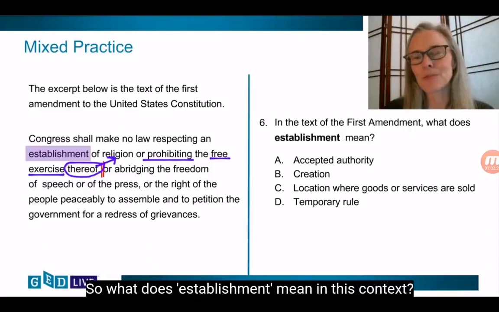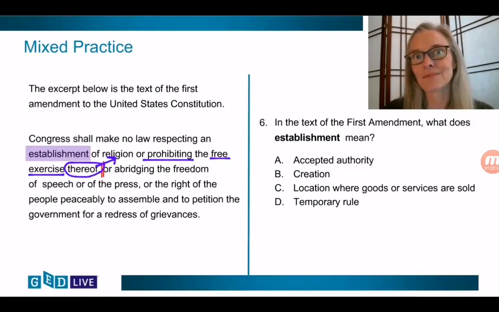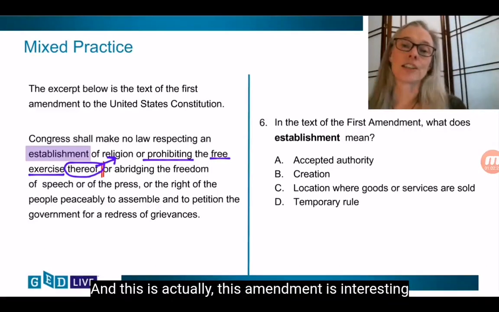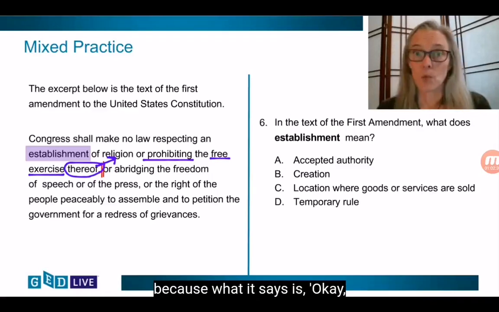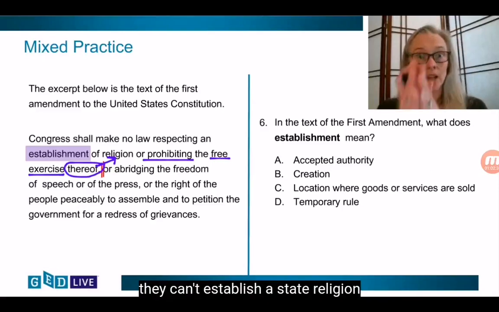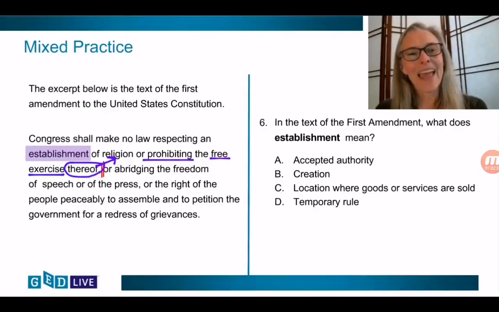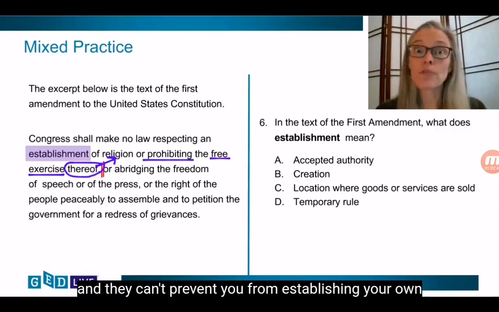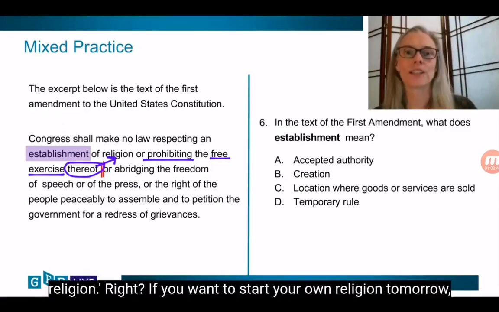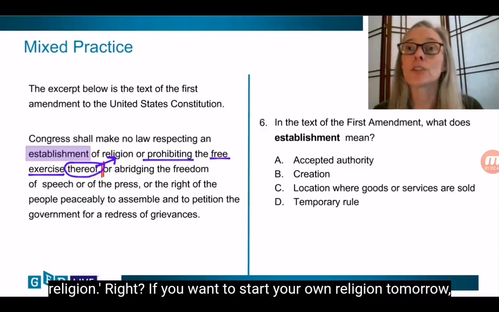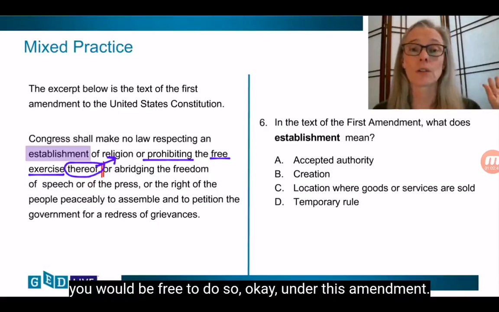So what does establishment mean in this context? And this amendment's interesting because what it says is, okay, they can't establish a state religion, and they can't prevent you from establishing your own religion, right? If you want to start your own religion tomorrow, you will be free to do so, right?